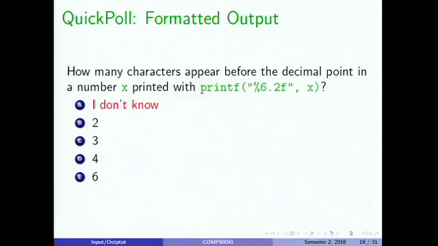Okay, so the right answer is still I don't know, but for a small number, the people who said 3 weren't too far wrong. Under the right conditions, that's the right answer. 4 could be the right answer. 6 could be the right answer, depending on the number. But the best answers to this are A and C.